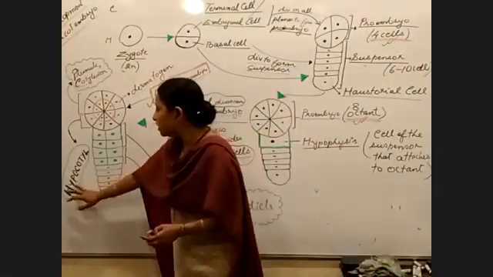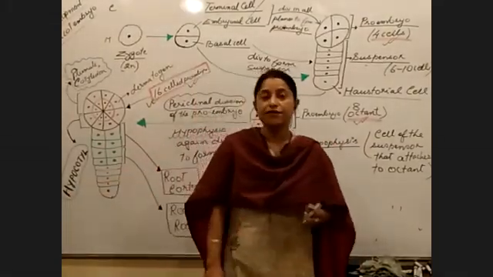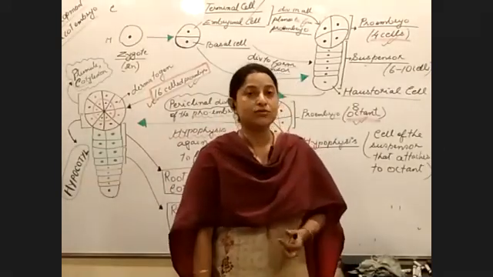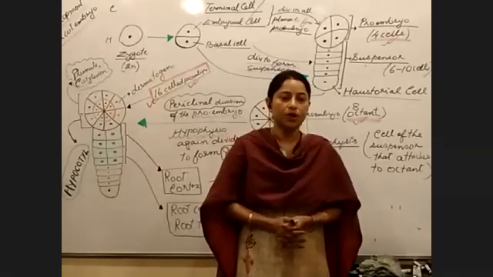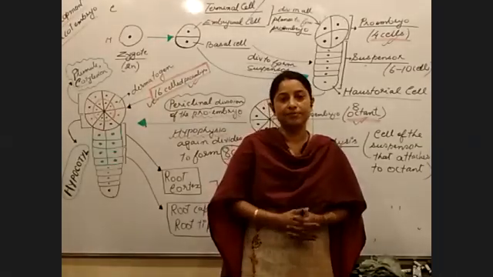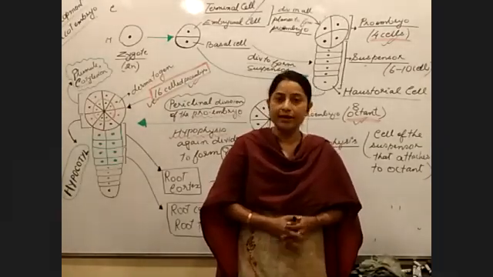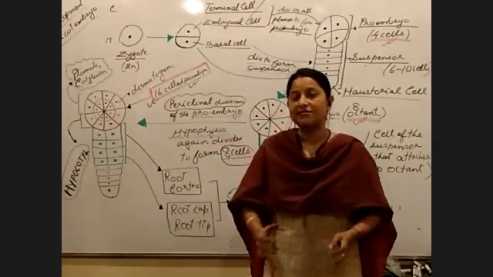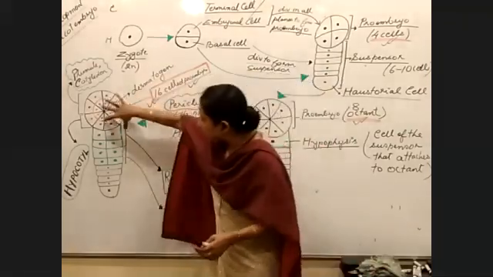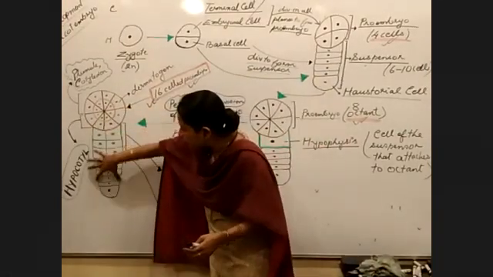Now coming to a word called hypocotyl. Have you heard the 2 words epicotyl and hypocotyl? Hypocotyl or epicotyl? What is the hypocotyl? It is that part from which the radicle will develop. So ultimately, this portion is where the radicle will develop.